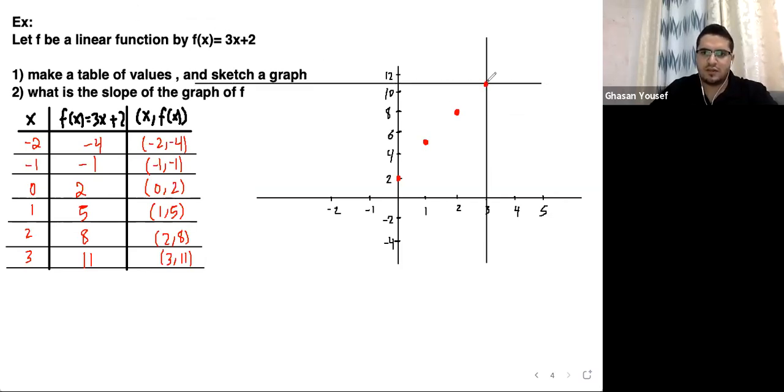So it looks like a line, as you see. Now the point -1 and -1, this is -1 here.